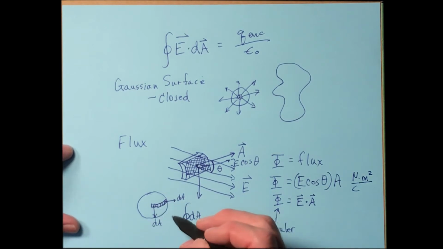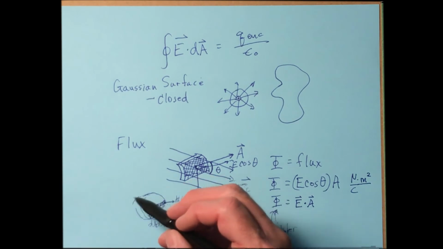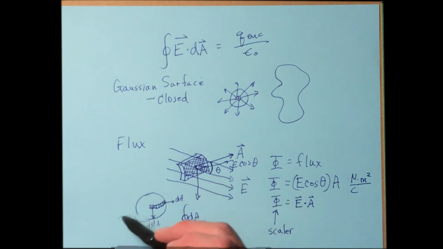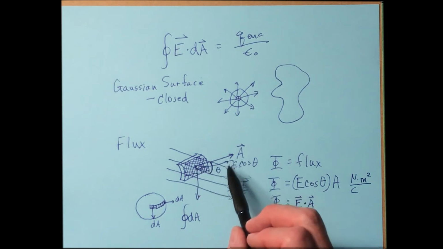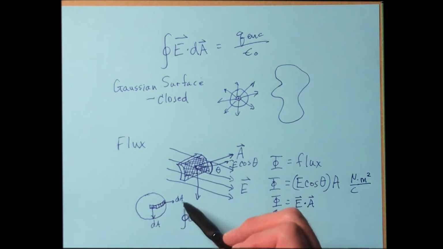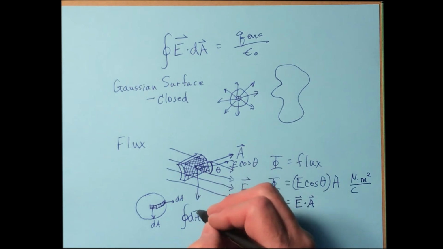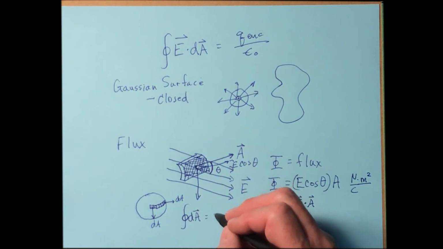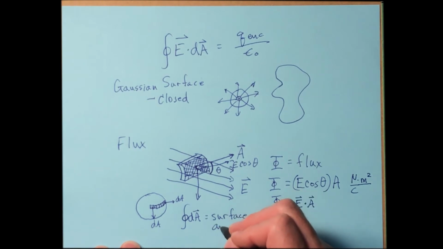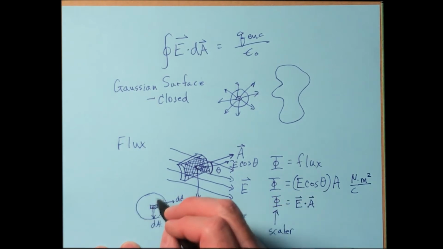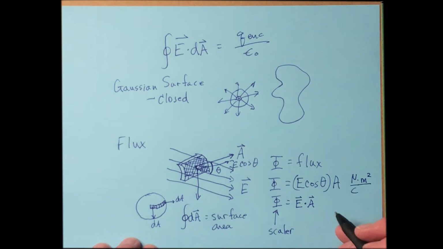And those dA vectors would point radially outward. For every little square, it would be normal to the surface, just like this is normal to the surface here. Now, if you summed up all of those dA vectors, then what do you get? You get the surface area of your three-dimensional closed surface, whatever that happens to be.